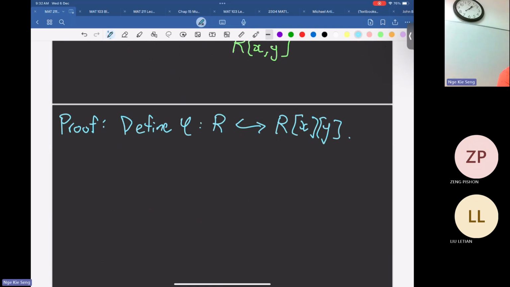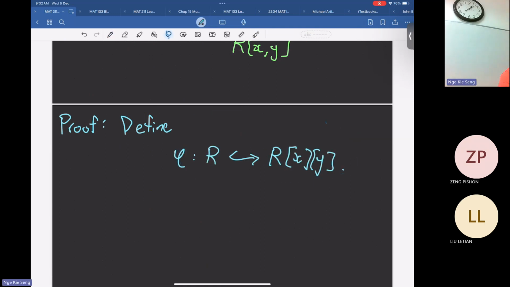So here is an inclusion map. You know what inclusion means? You include it in. So it means that you send R to R. You just include it. You should think of a picture.